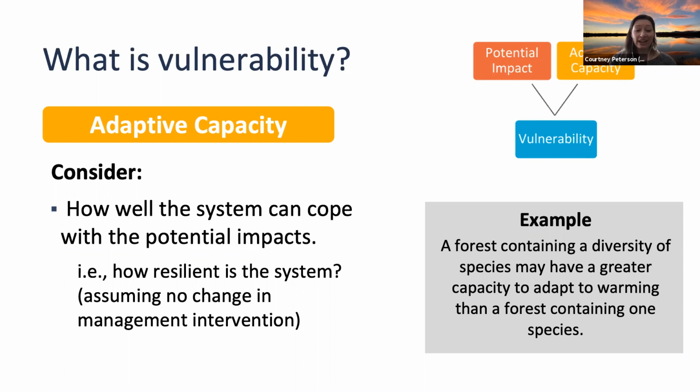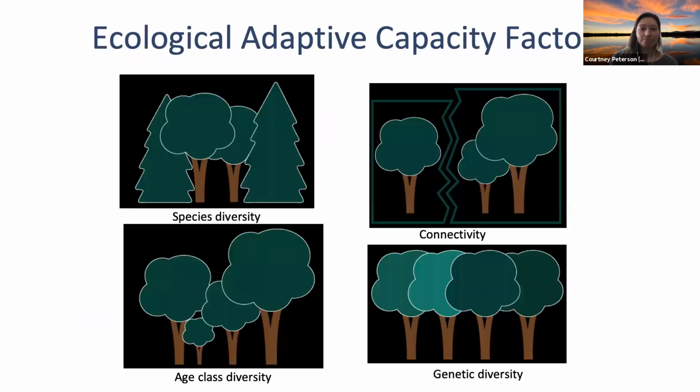And then on the other hand, the akikiki is only inhabiting those highest elevations in Kauai. And so it has nowhere else to go with those rising temperatures. And so it's more vulnerable and has a smaller adaptive capacity. So that's just another example to consider when we're thinking about impacts and adaptive capacity to determine vulnerability.